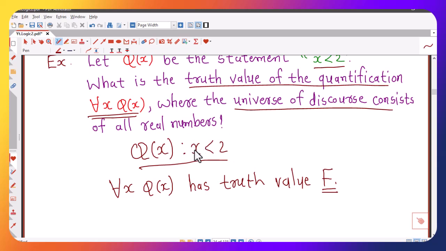So here the statement function is x is less than 2, the domain is the set of real numbers, and we find 3 in the domain such that Q(x) is not true or Q(x) is false. Therefore the truth value of this quantification is false.